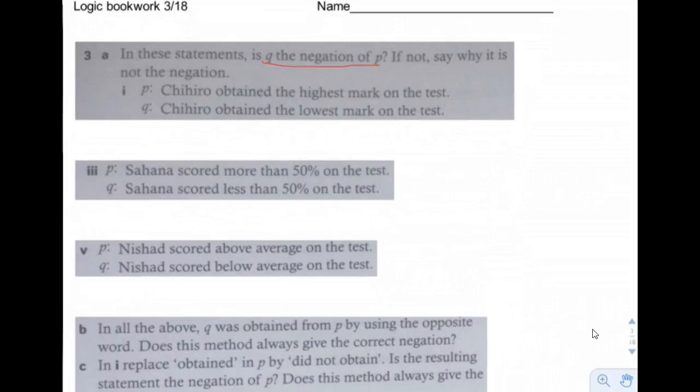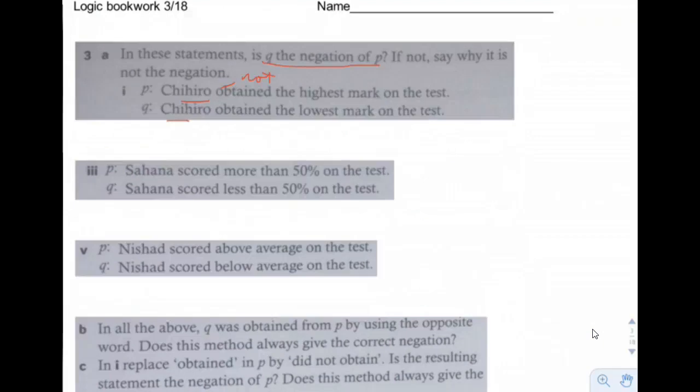Okay, so P: Chihiro obtained the highest mark on the test. Now, is that the negation of Chihiro obtained the lowest mark on the test? Well, let's test it. For P, let's try to make it negated. So we'll say Chihiro did not obtain the highest mark on the test. So what marks could Chihiro have gotten?